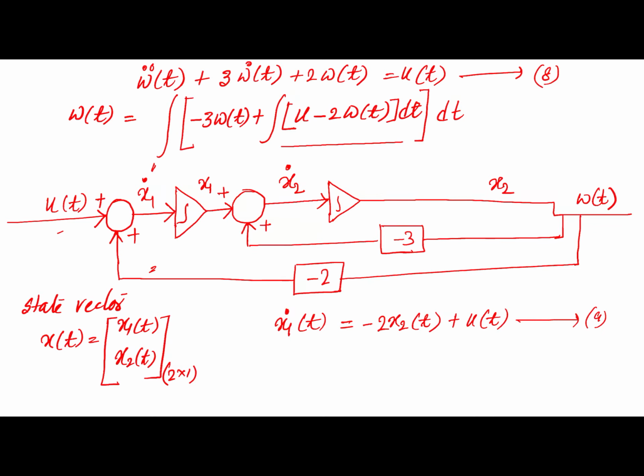And x2 dot is equal to x1 plus minus of 3x2. Now equations 9 and 10 can be written in vector matrix form.